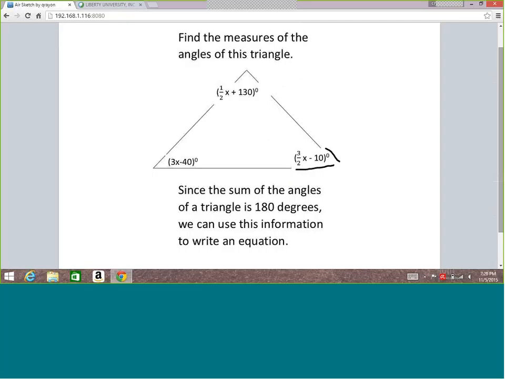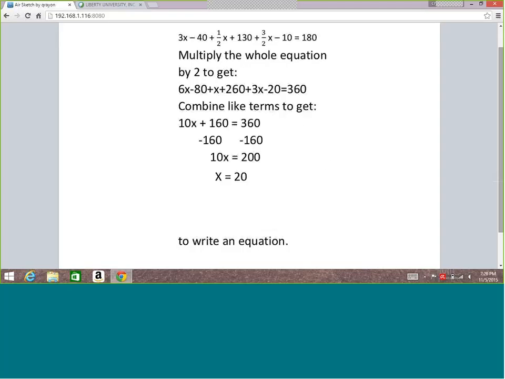So in order to find each angle, I need to find x. And in order to find x, I need to write an equation to solve for x. So we can use the fact that the sum is 180 degrees to write an equation to find x, and then once I know x, I put that number into the expressions in the triangle to find the angle measures.